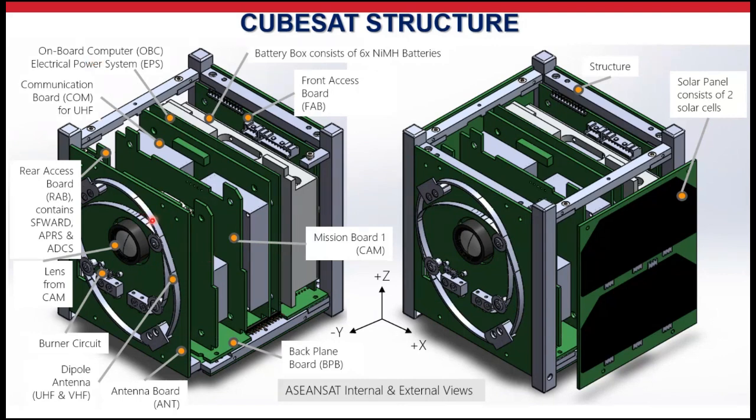There is also the antenna, part of the communication system, together with the radio transceiver, to receive commands and transmit the image data to the ground.